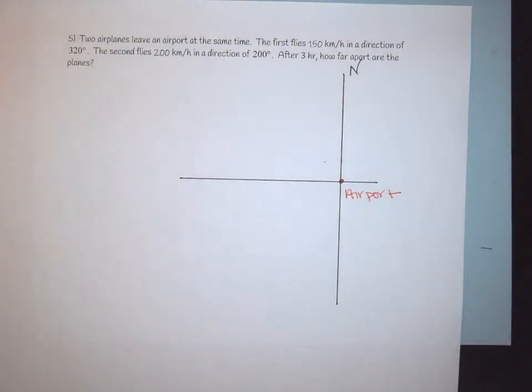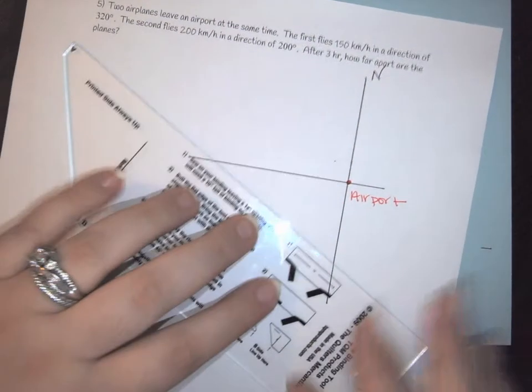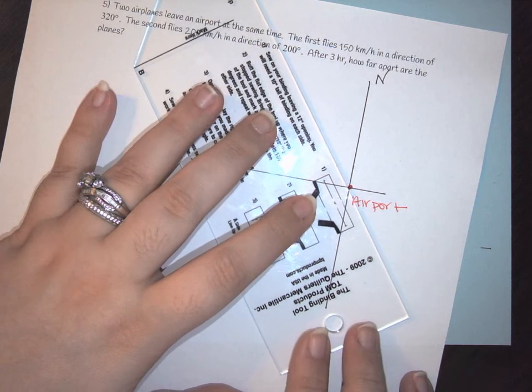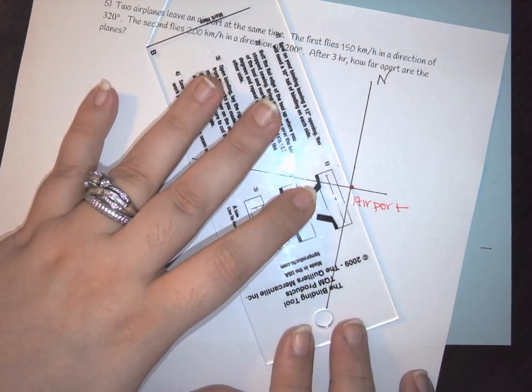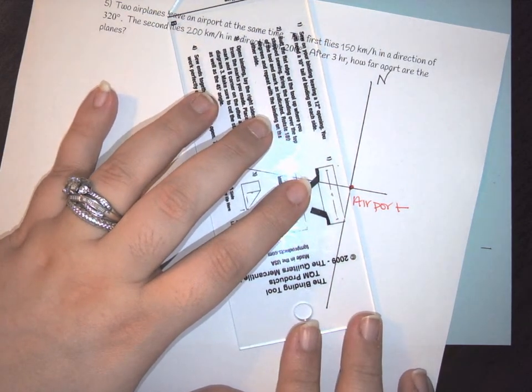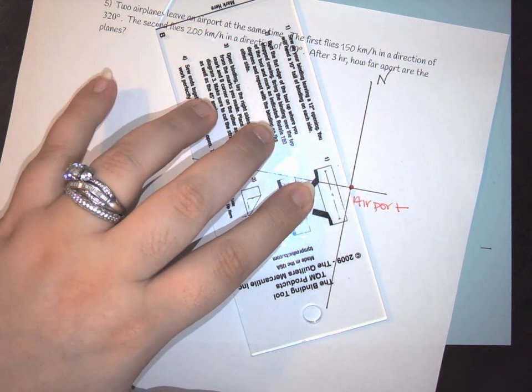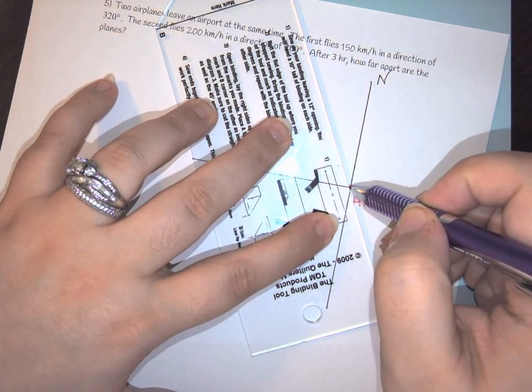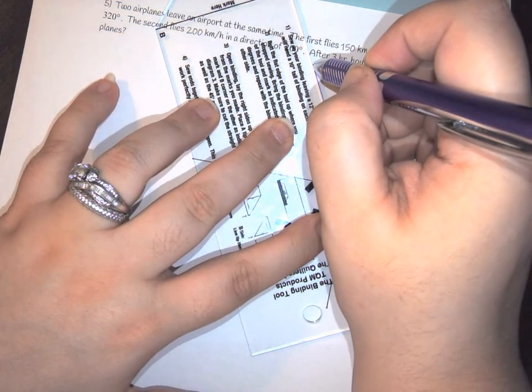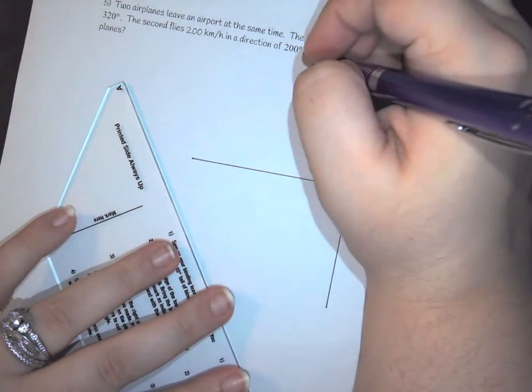So I'm going to go ahead to make things easy. I'm going to use my straight edge here. And so 320 is probably going to be somewhat close to that. So let's go ahead and do this. And we'll go here. Okay, so it goes in this direction.